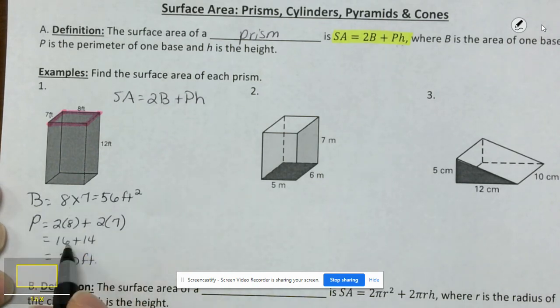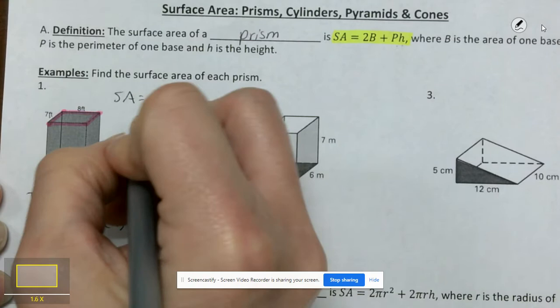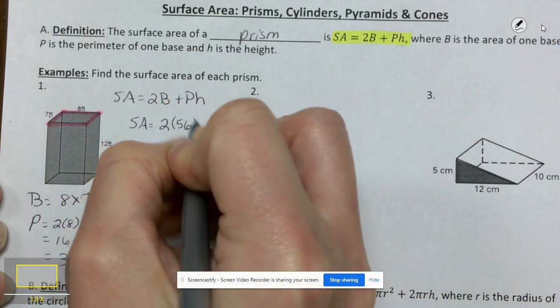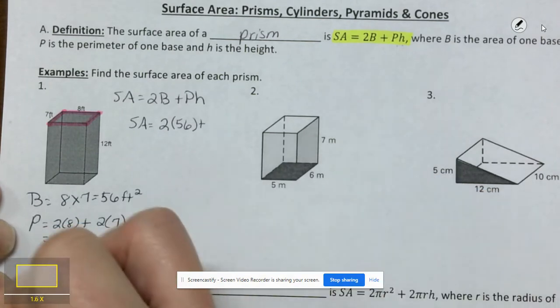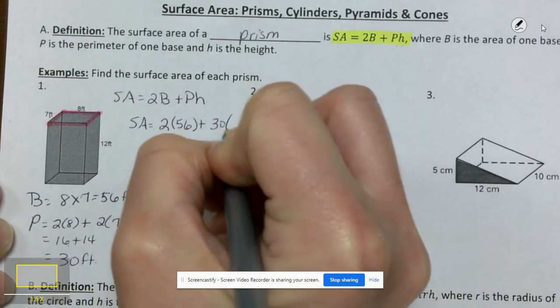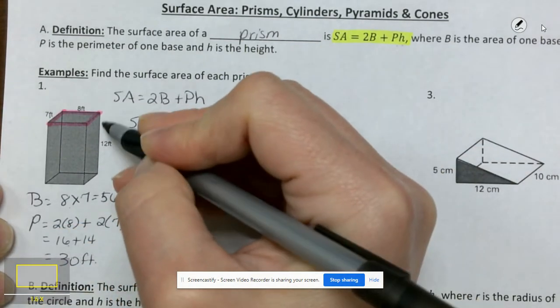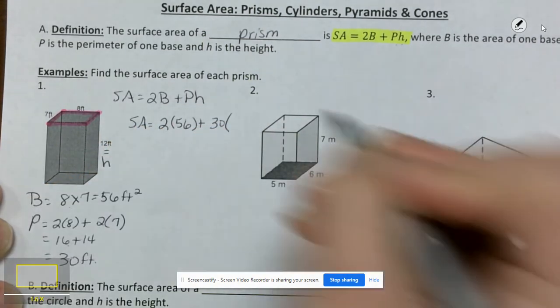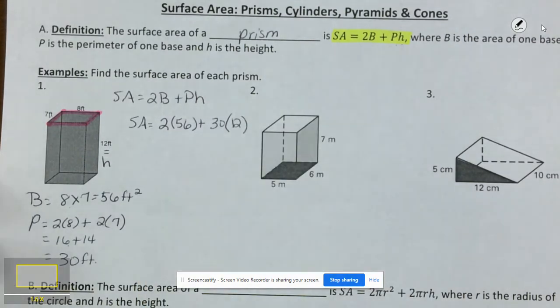Once you find your base and your perimeter, you come up here and fill it into your formula for surface area. So 2 times the base, which is 56, plus the perimeter, which is 30, times the height. Your height is given right here. This is our H, 12. Now this becomes a calculator problem.